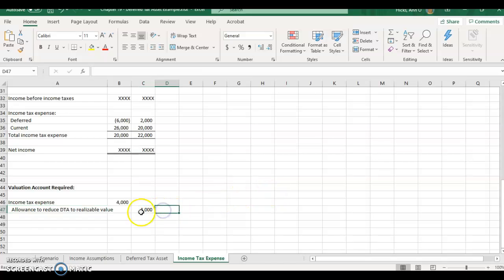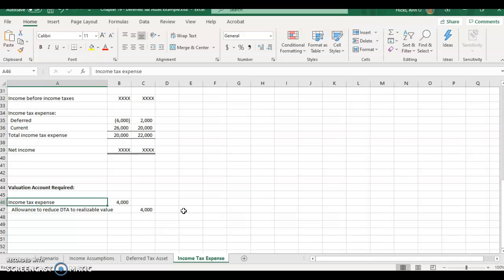This allowance account is a contra asset account. It works very similarly to the allowance for doubtful accounts. It will offset your deferred tax asset so that on your balance sheet, instead of seeing $6,000, you will actually see $2,000. Now, if down the road it turns out we are able to recognize the deferred tax asset, we do have the appropriate information, then we can reverse that at this time.